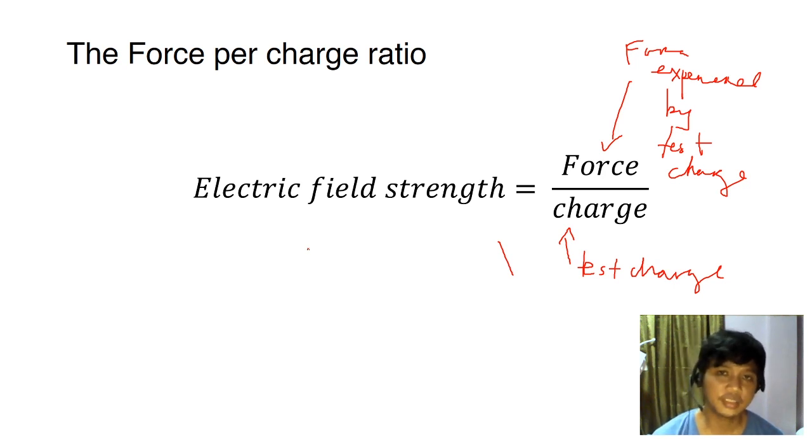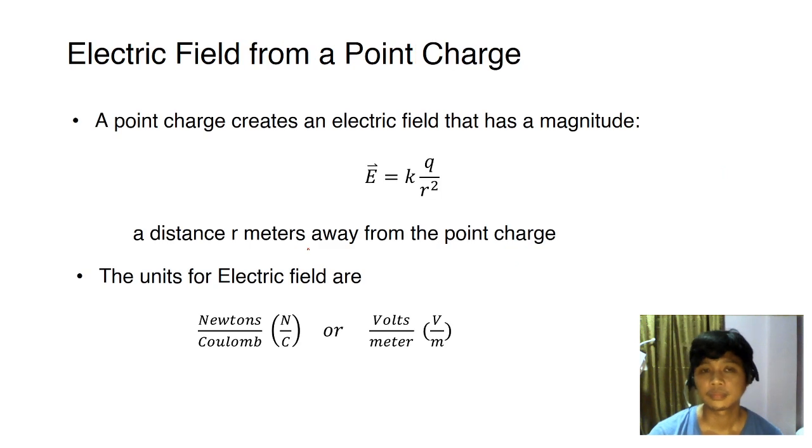The electric field exists even if you don't put a test charge there. And there's another charge somewhere that is producing that electric field. But this is another very important formula. So that previous formula, E equals F over Q, where Q is our test charge.